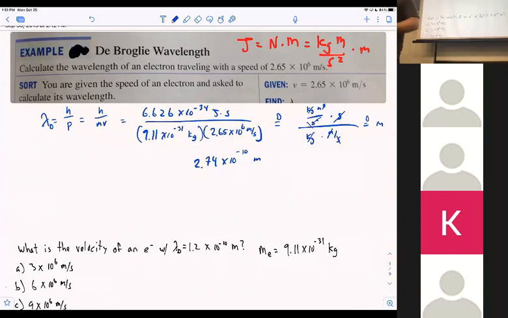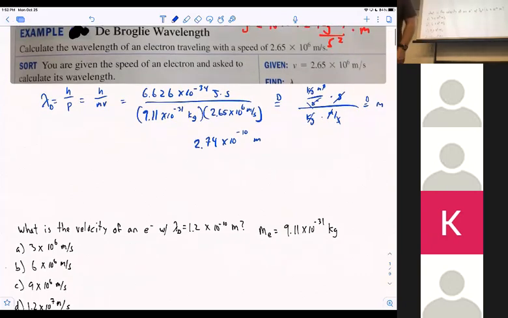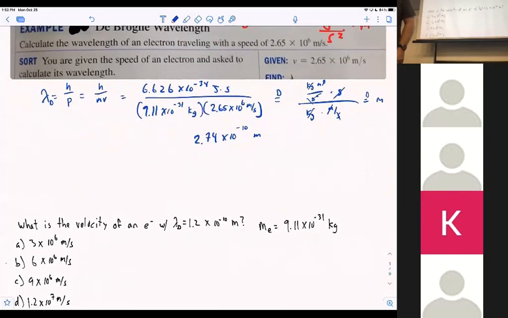And then the electrons themselves become really long and thin, and they kind of stack up on top of each other like pancakes. I'll talk more about that later when we talk about orbitals and shapes and uncertainty. So electrons are weird, but it's cool at the same time. Okay, but that's how you do the de Broglie wavelength.